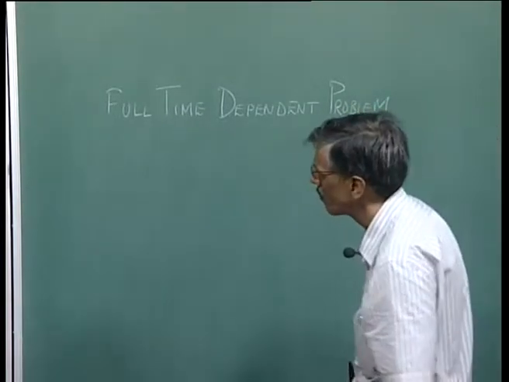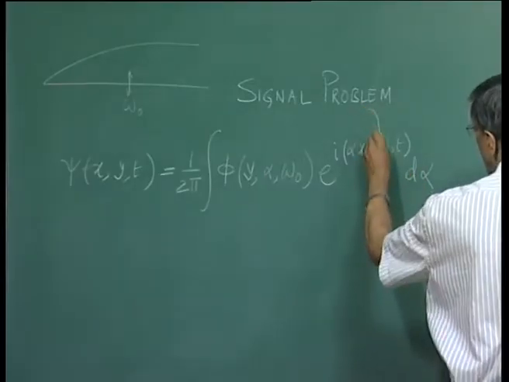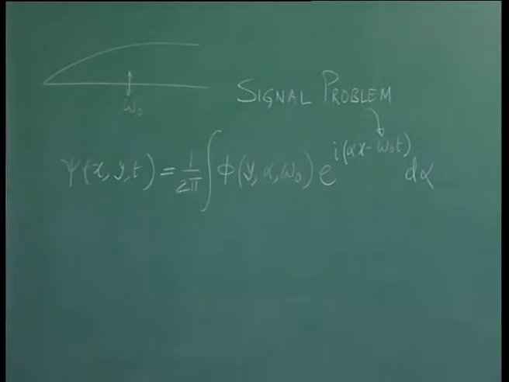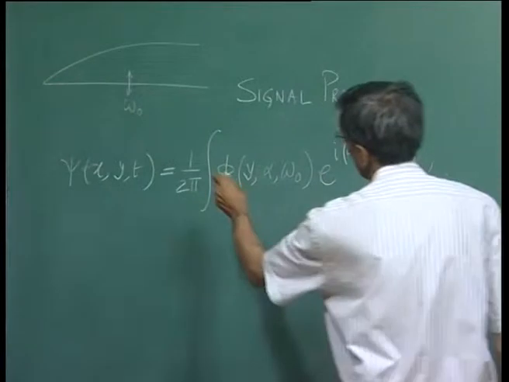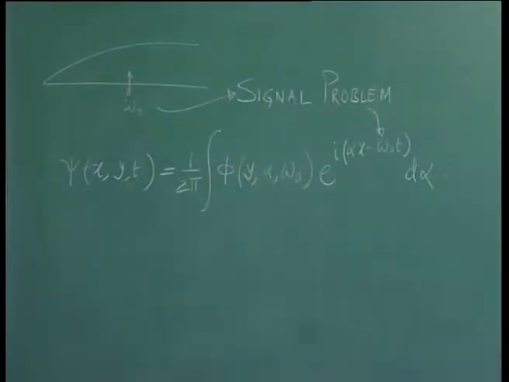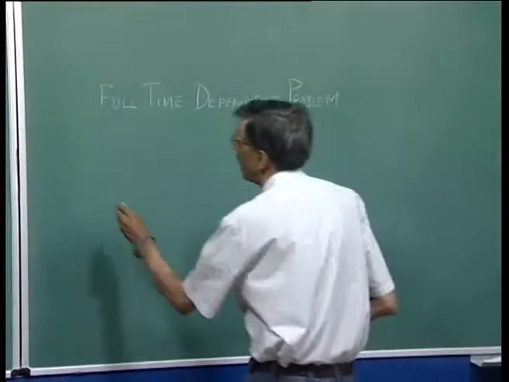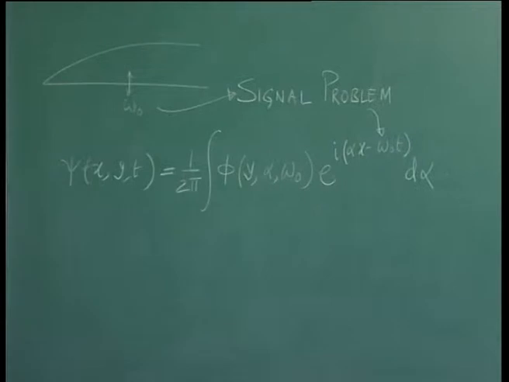Here we will not make this assumption. The signal problem assumption comes in identifying the response to be also at the frequency omega naught. If I have a vibrator vibrating at omega naught, the response is also omega naught. In any spatiotemporal problem, we omit that part of the temporal dependence and fix it at omega naught, whereas in the full time dependent problem we do not make such an assumption.